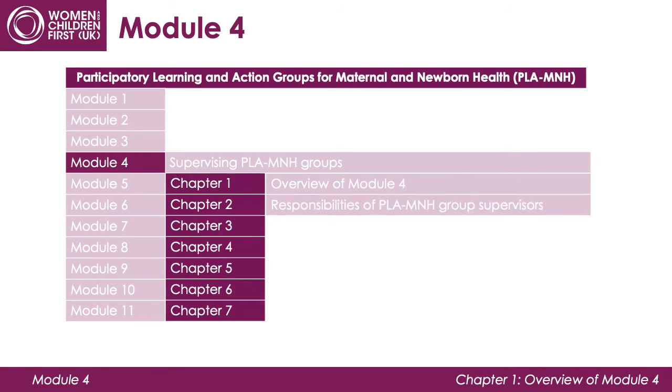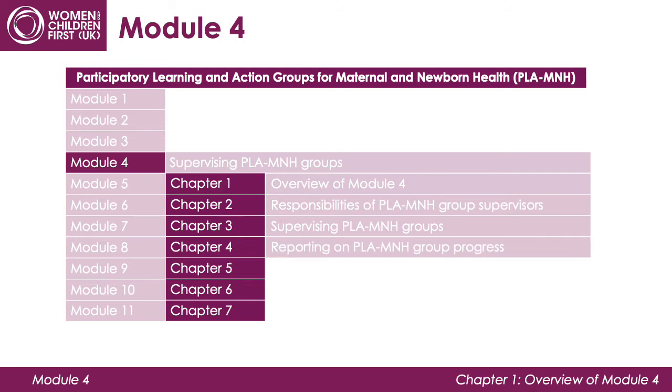Next, you will move to Chapter 2, which covers the responsibilities of PLA-MNH group supervisors. Chapter 3 will cover the knowledge and skills that PLA-MNH group supervisors need to effectively supervise groups. Chapter 4 explores how PLA-MNH group supervisors should report on the progress of the PLA-MNH groups.